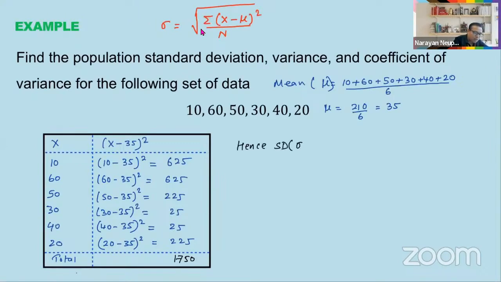The standard deviation, denoted by sigma, is the square root of the sum of x minus mean squared, which is 1750, divided by, for the population, n, the total number of observations. So here we have 1, 2, 3, 4, 5, 6 data values.